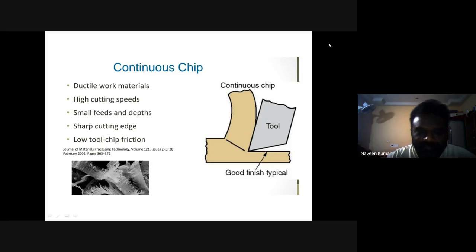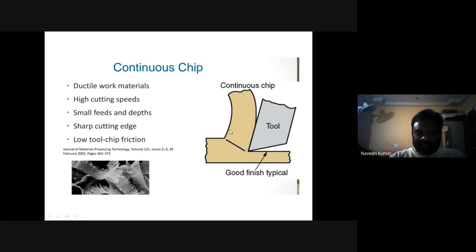Higher cutting speeds, large rake angle, and low depth of cut. I repeat: higher cutting speeds, large rake angle, and low depth of cut.